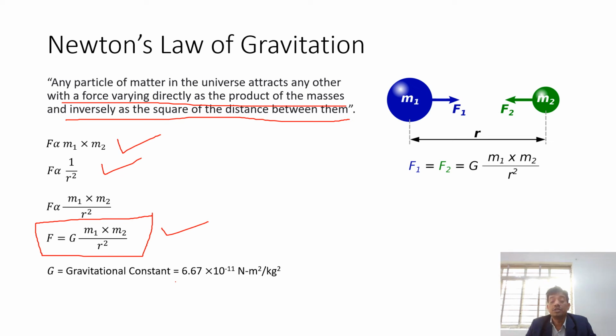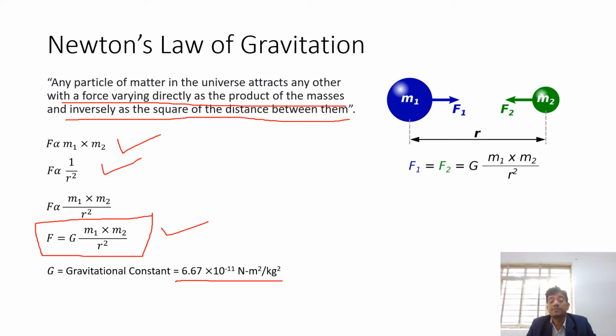You should also remember this value: G equal to 6.67 into 10 to the power minus 11 Newton meter square per kg square. You just see, because we can write G equal to F r square by m1 m2.